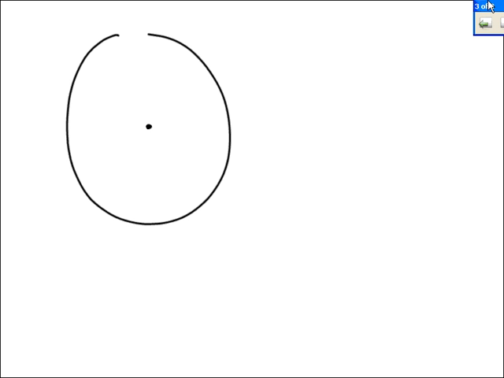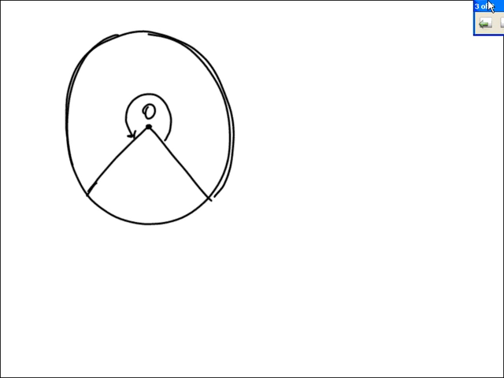If this is the center, it always has to be from the center. If you want theta to be the angle, then this is the central angle. The vertex of the angle has to be at the center.